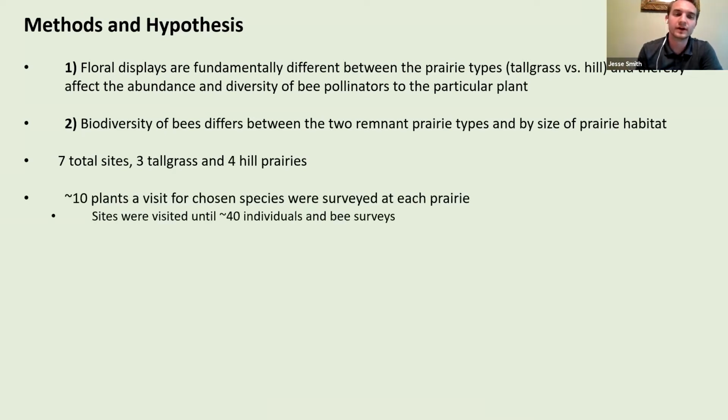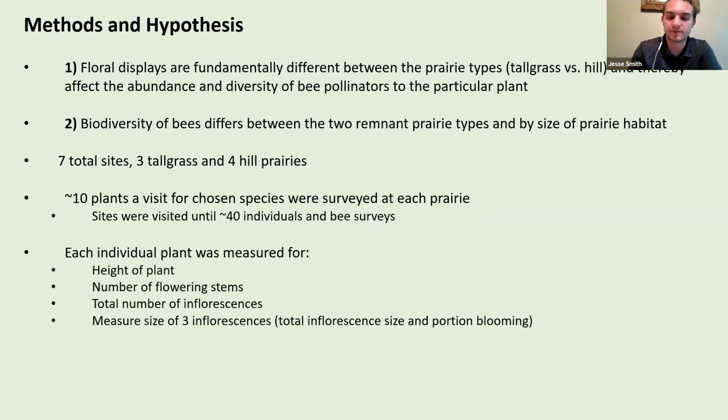I then went to the sites multiple times. I surveyed more or less 10 plants a visit to each site, and I got 40 individual plants. On those plants, I took a variety of growth measures, and I also completed a pollinator survey.